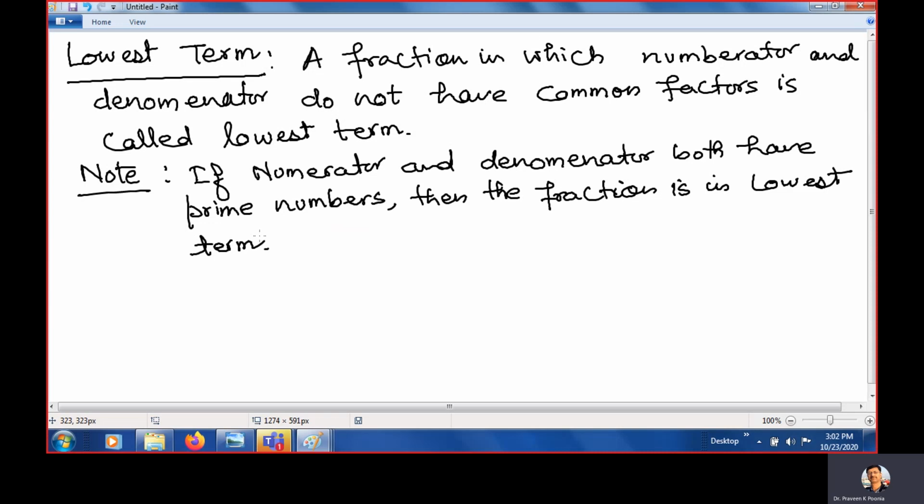Clear? So these are some conditions. Now how to find the lowest term? The process is very simple and you need to give a little attention to it.